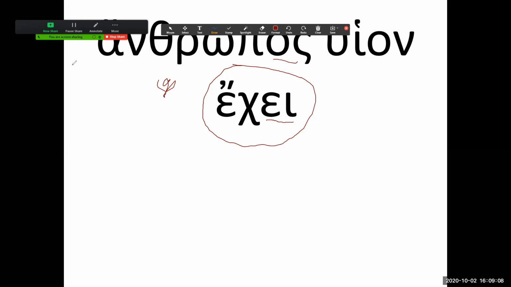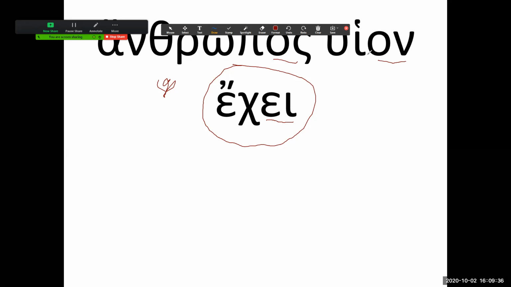A man, because we don't have an article, by the way, which would be ho anthropos. A man, anthropos, is having a son, huion. Notice the ending of the noun here. This tells us that anthropos is the subject. Why? Because the ending is nominative.